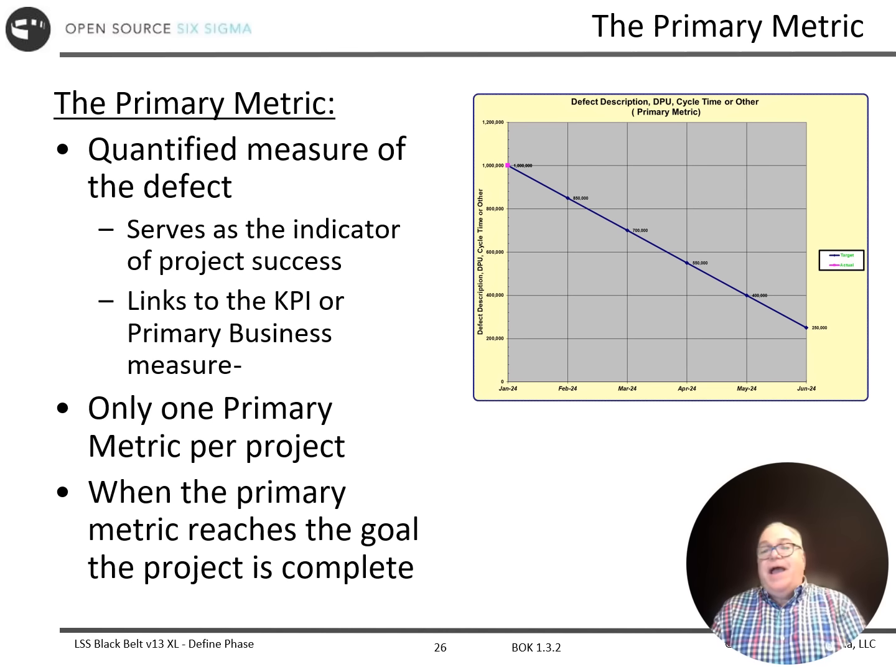So it would be some quantifiable measure that I can measure in different time periods. Again, we emphasize we want to have one primary that matches your objective statement per project, and when we meet our goal, the project is complete.